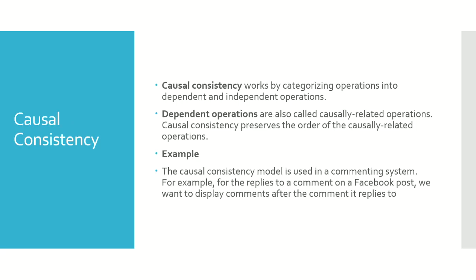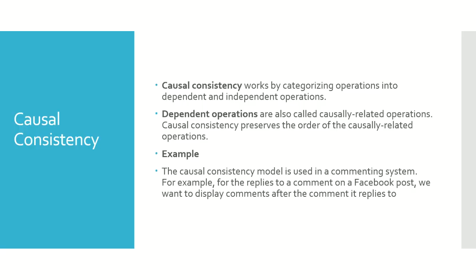Next is causal consistency. How does it work? Causal consistency categorizes the requests into dependent and independent operations. For the dependent operations, it ensures the ordering, and for independent operations, it does not ensure ordering. An example of the causal consistency model is commenting on a social media platform. Suppose there is a post and thousands of members are commenting.